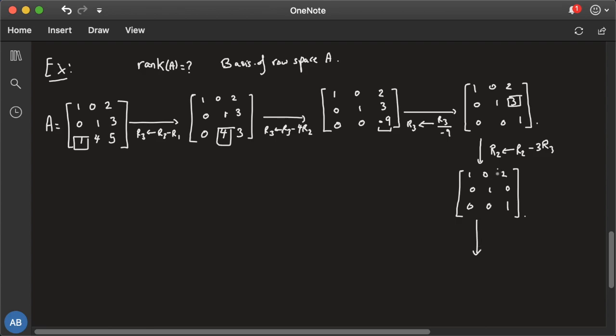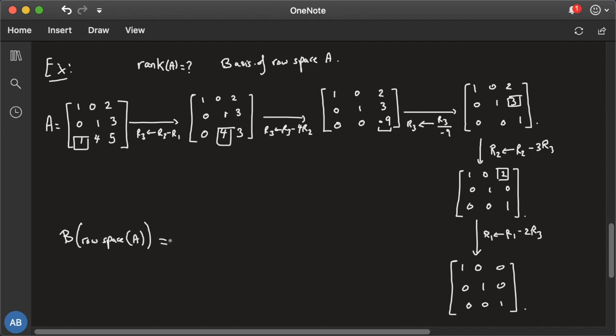Last but not least, let's null out 2 by replacing R1 by R1 minus 2R3, and hence you can verify that we get the identity matrix. As previously said, the basis of the row space of A is nothing other than the row space of I, that is E1, E2, and E3.